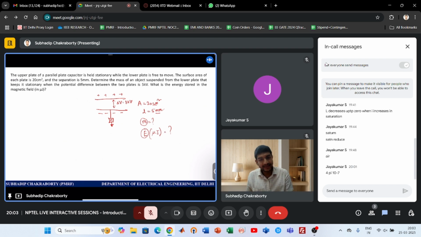So obviously, as you understand, what is the direction of force on the negative plate? The negative plate is being attracted, but the mass is also holding it in the other direction. By the free body diagram, you need to balance the forces. So F equal to mg, because this plate is stationary.